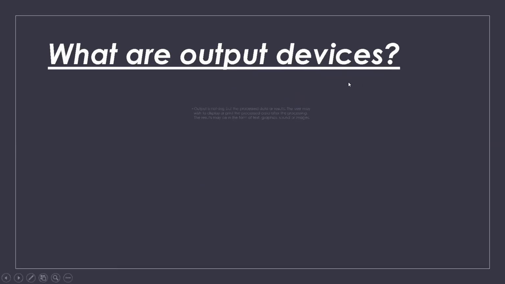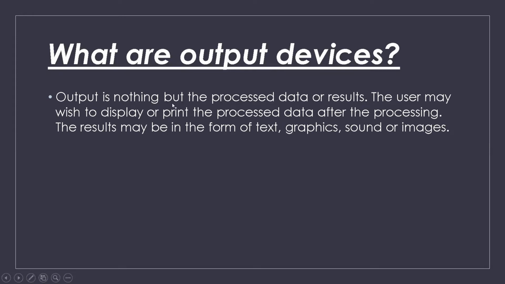Moving on. Output is nothing but the processed data or results. As I said, whenever you give data, it will be processed first, and that processed data will be shown. The user may wish to display or print the processed data after processing.